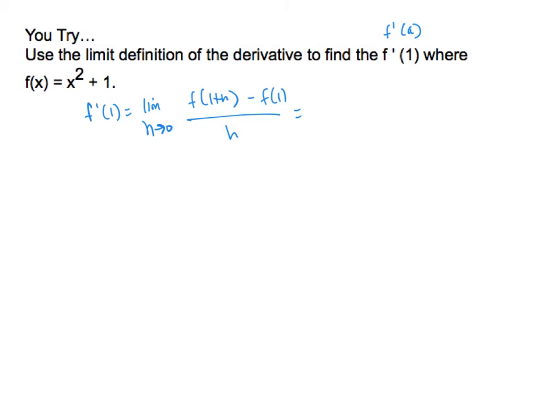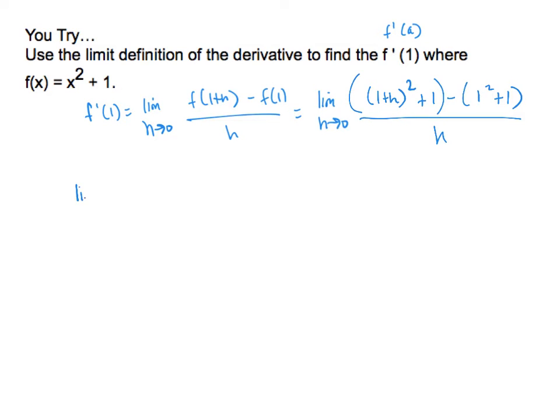When we input those into our function, x squared plus 1, we're going to have the limit as h approaches 0 of (1 plus h) squared plus 1 minus (1 squared plus 1) all over h. Foiling, simplifying, combining like terms.